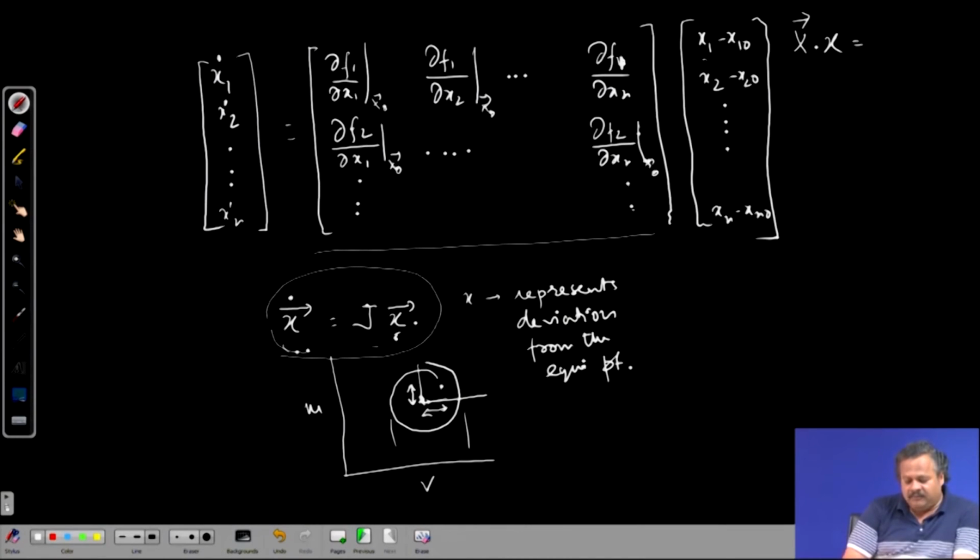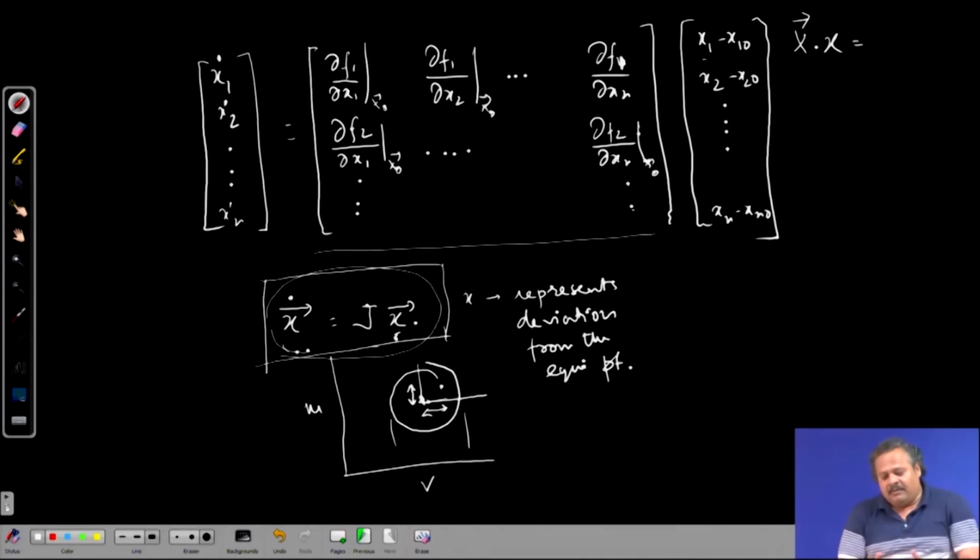The behavior of the system that we derive from this final form, little x dot equals J little x, must be valid only in a very tiny region around the equilibrium point. As soon as the system goes out of that tiny neighborhood, it will not follow this linear behavior anymore, and we will have to linearize the point again and so on.